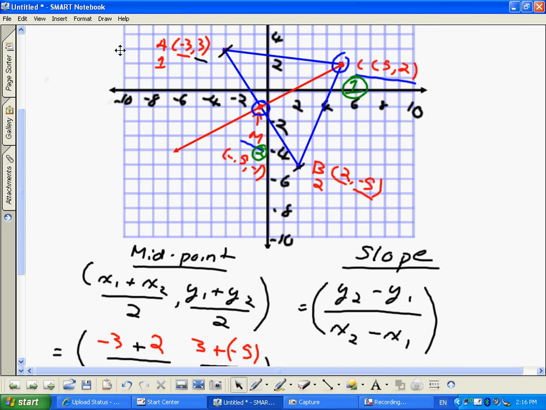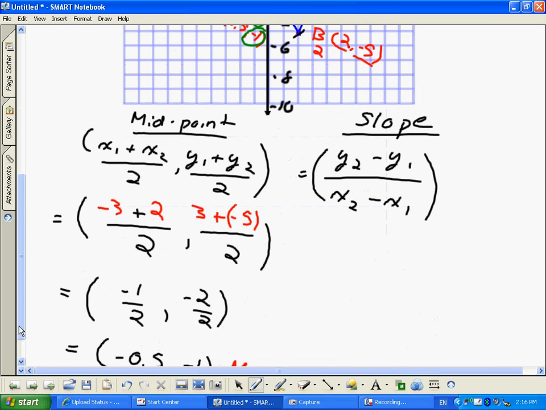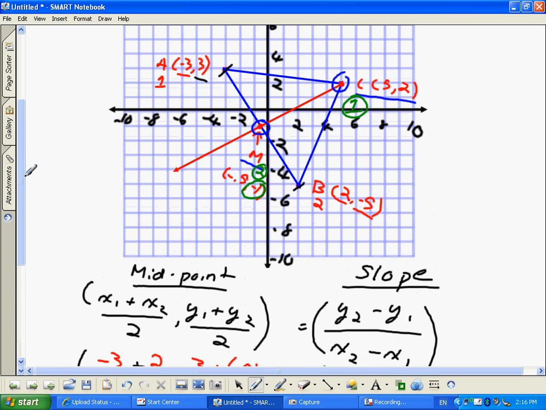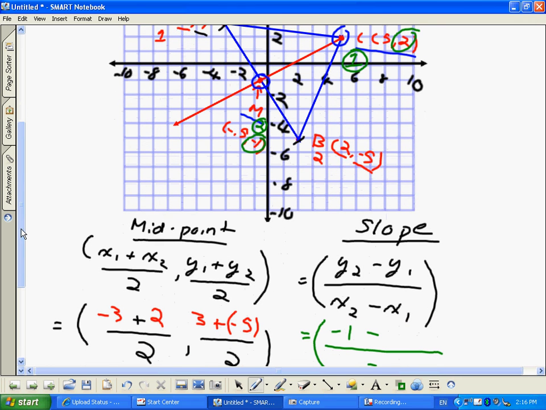So we'll start with y2. y2 is going to be -1. So let's go down and plug these in one at a time, because this can be confusing. Here's our -1. And y1 is going to be 2.